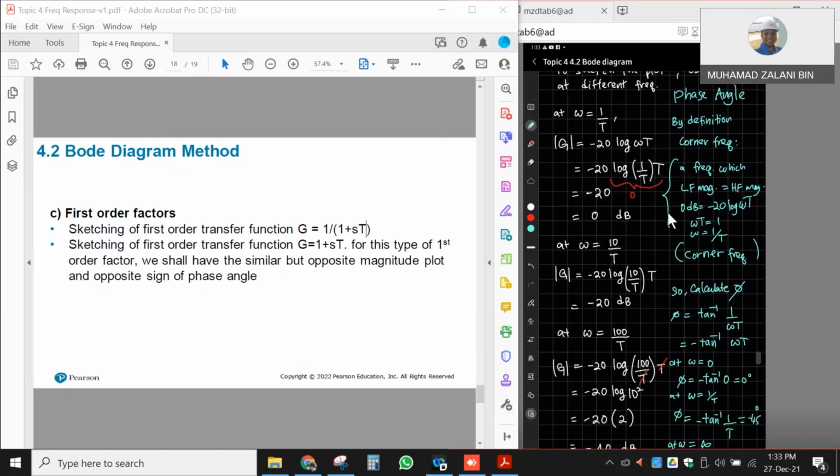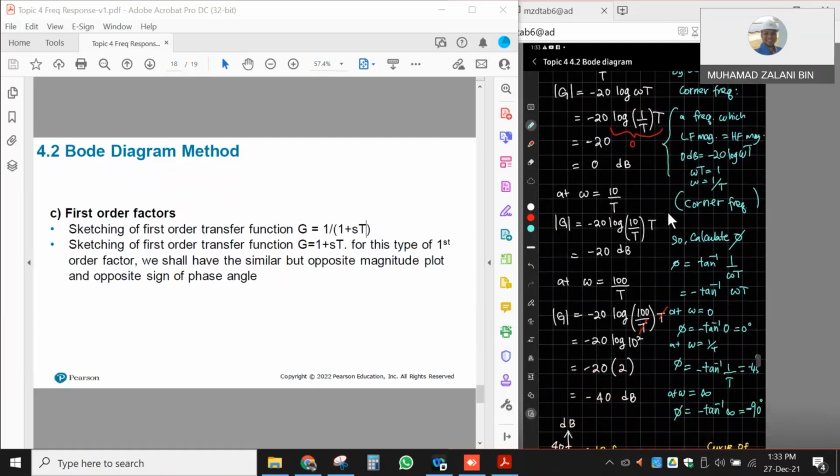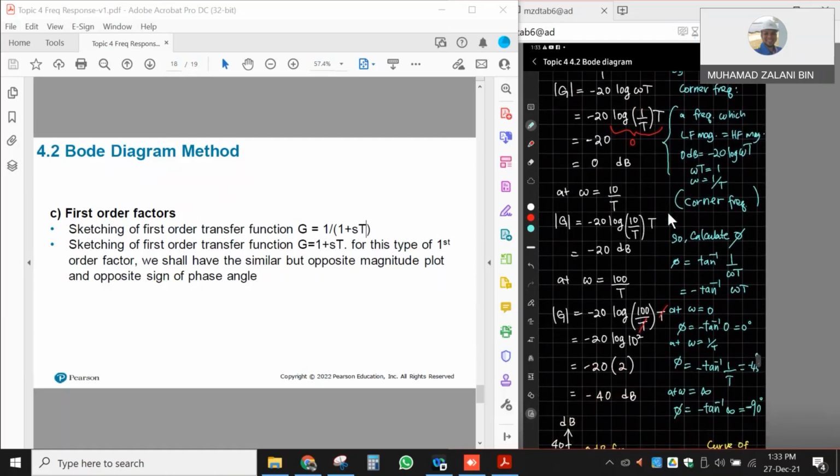So when we find the corner frequency, it means we have the asymptotes of straight lines like that, and at the corner frequency it should turn either downward or upward.